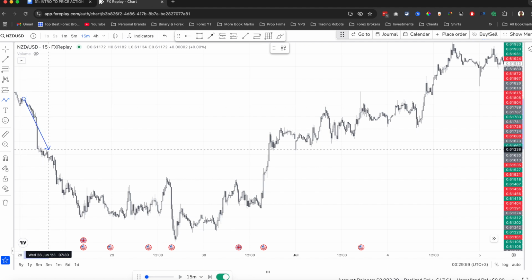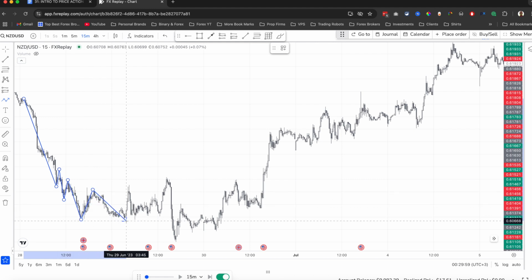So it started up, and this was a small move, and then it went up, and then it went down, and then it went up, and then down, up, and then you see we failed to break this. Then we also failed to break this. So this was a ranging market.